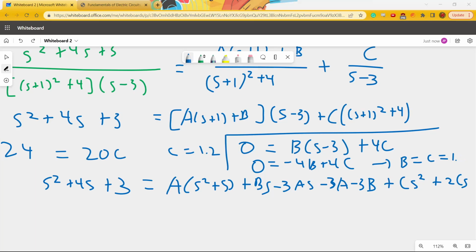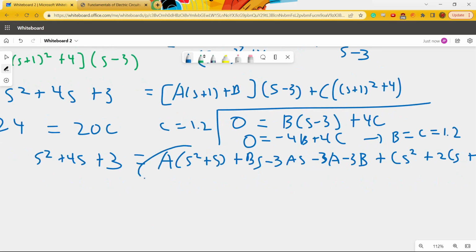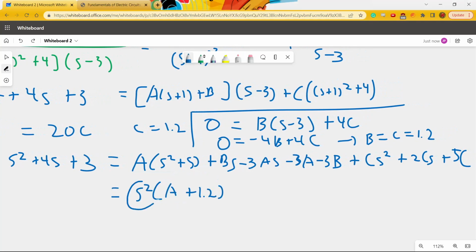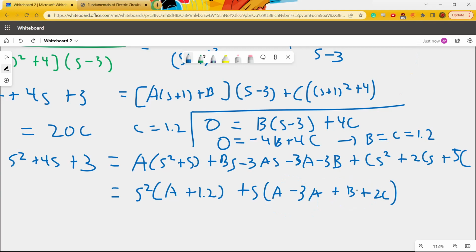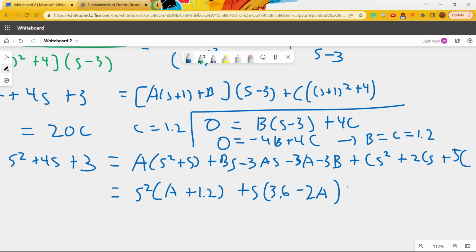How wonderful. I don't know why this program is compelled to make all of my numbers unreadable. Stop adjusting my lines! Anyway, we'll combine like terms here to come out with a plus 1.2 for s squared, because c is 1.2, and then a minus 3a plus b plus 2c for the s term, which I'll simplify to 3.6 minus 2a.